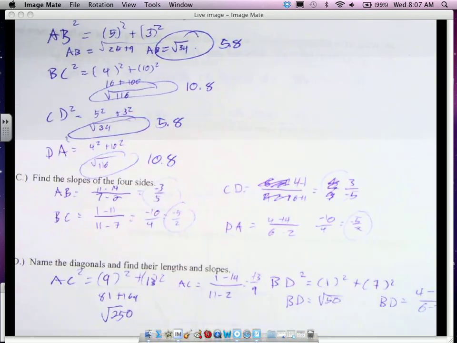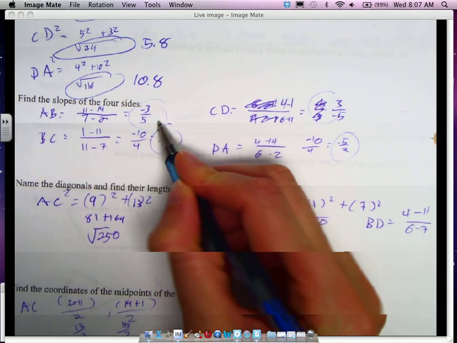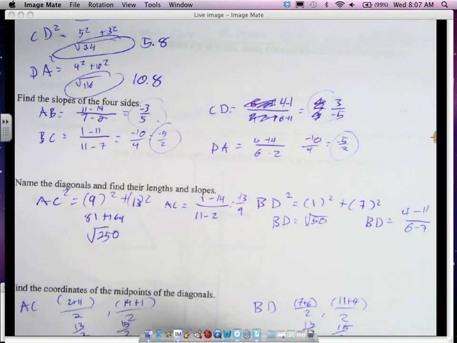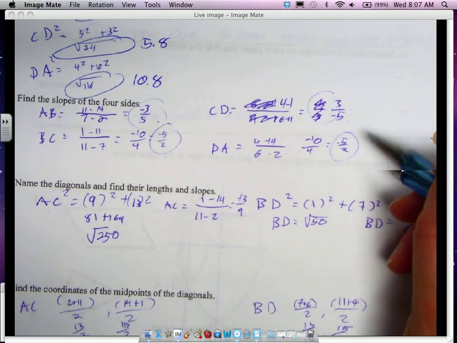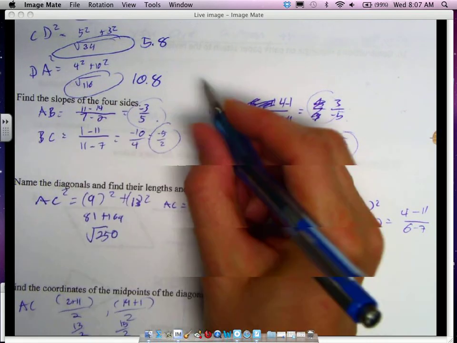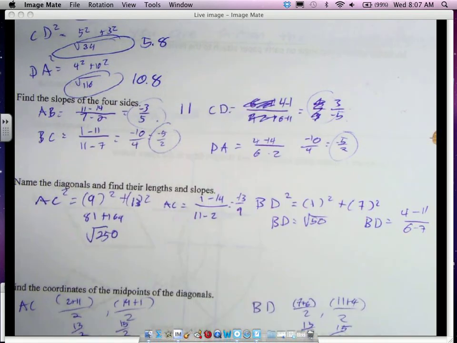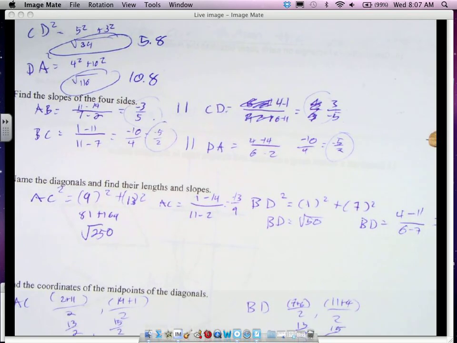All right. The slope from A to B is -3/5. B to C is -5 halves. C to D is 3 over -5. And D to A is -5 halves. So we know AB and CD are parallel. BC and DA are parallel, but nothing is perpendicular.